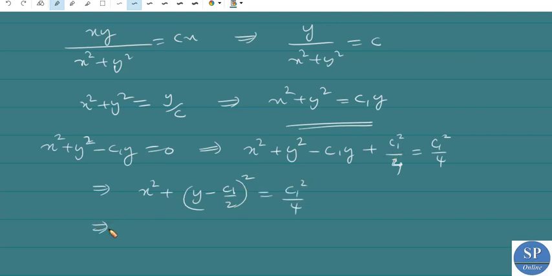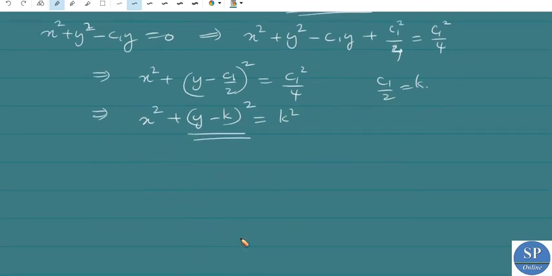Choosing c1 by 2 as some k, you can write this as x square plus (y minus k) whole square is equal to k square.